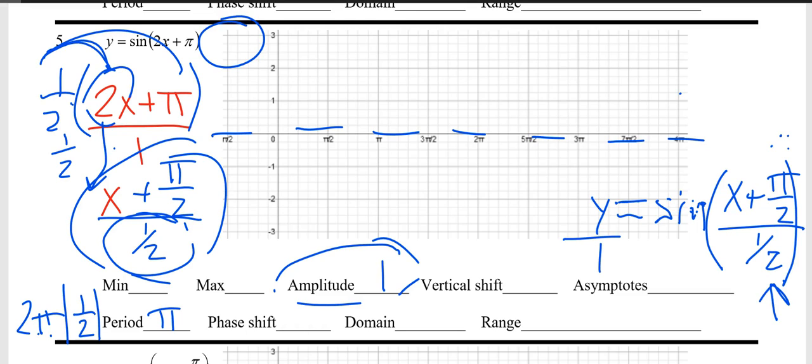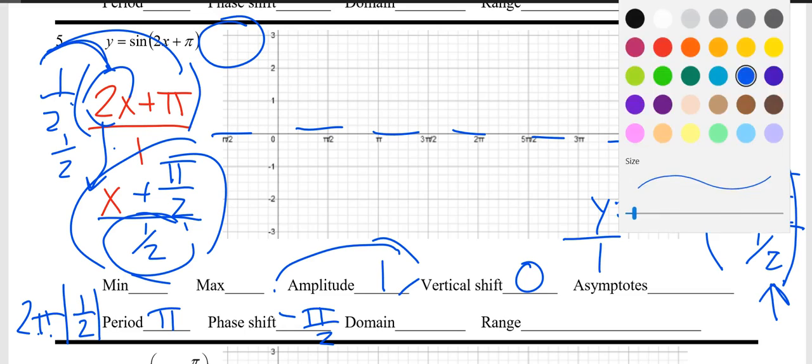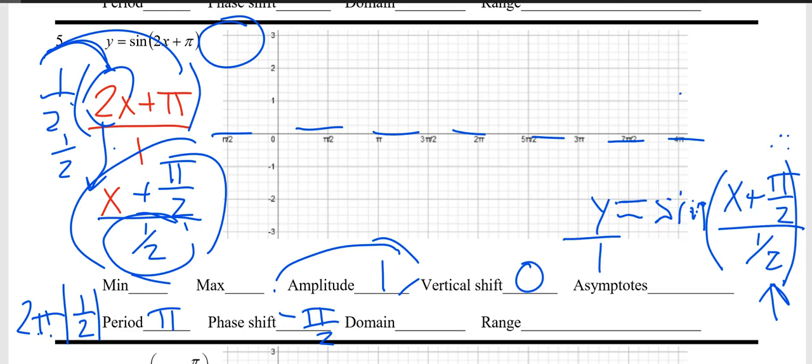And you guys told me the vertical shift was 0. What's the phase shift? Negative pi over 2. If I had not done that little multiplication thing, I'm going to guess I would have said negative pi and been wrong. So we find HK. All right, so that's negative pi over 2, 0.